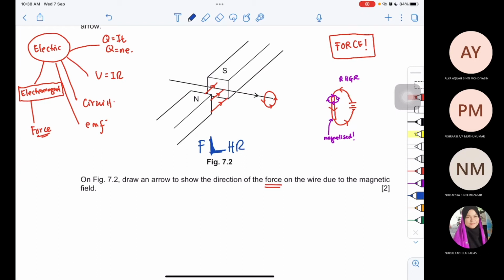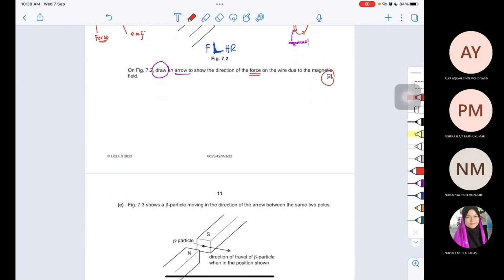Upward. Okay, everybody should get upward. So you draw. The question says to draw an arrow. So your arrow must be straight, vertical. You get the mark for straight. And then you must show that it is an arrow. So it is upwards. So that's the answer. 2 marks for that, because it is kind of difficult for some students.